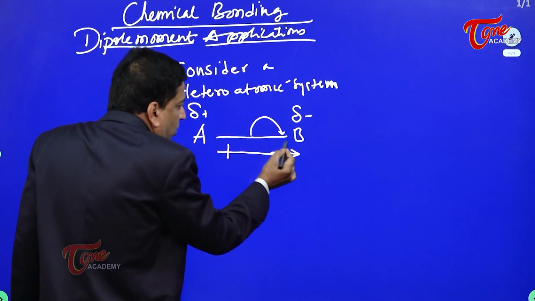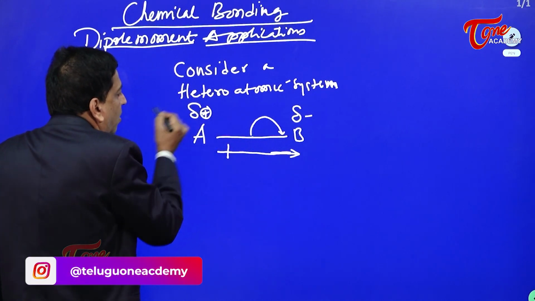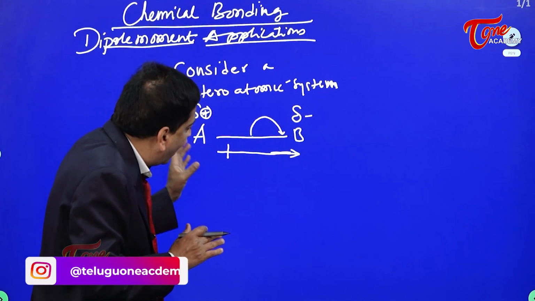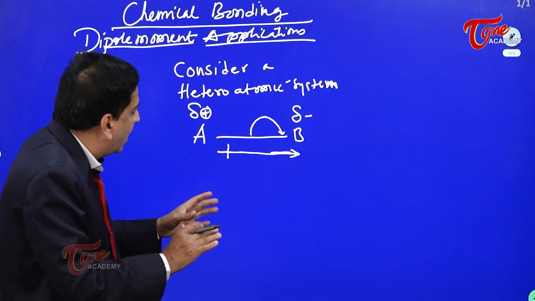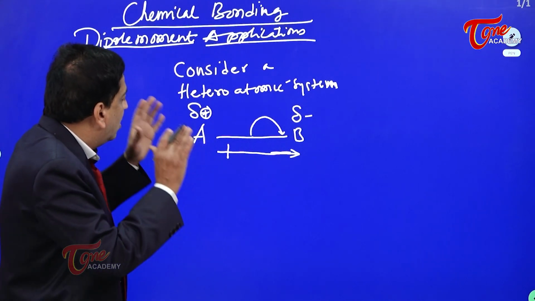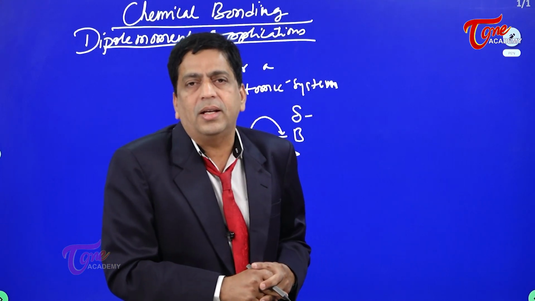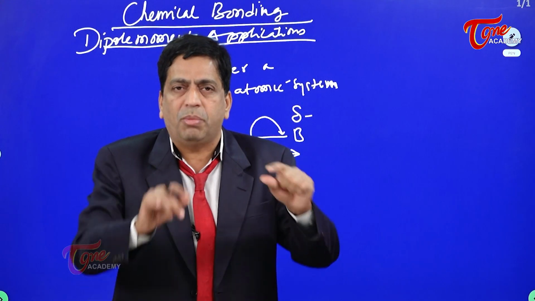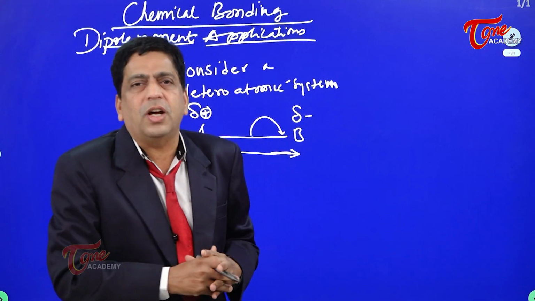Right, it is shifting towards B, and the tail possesses a positive charge. So this seems to be a vector because the direction of the pull, or the tendency to attract electrons towards the more electronegative atom, is fixed. Hence, I call this polarity present in a bond a vector quantity, which is represented by that vector symbol with the tail having a positive. So you must understand that, right?